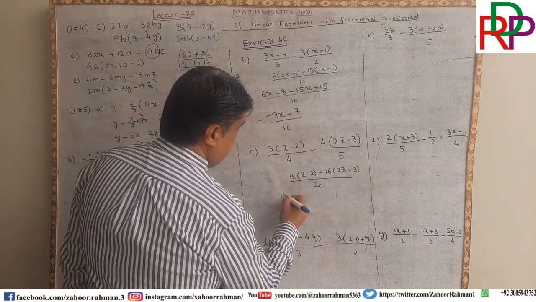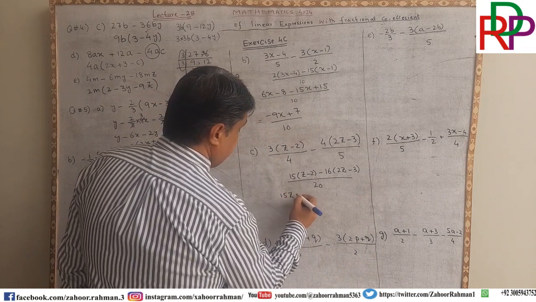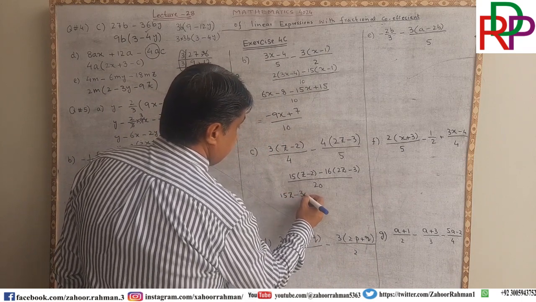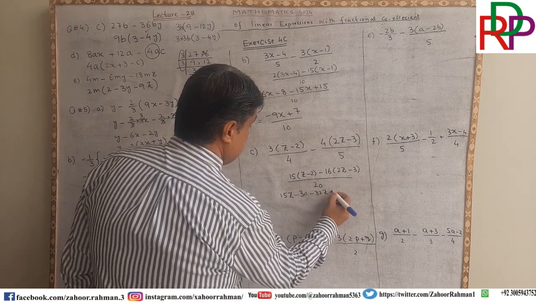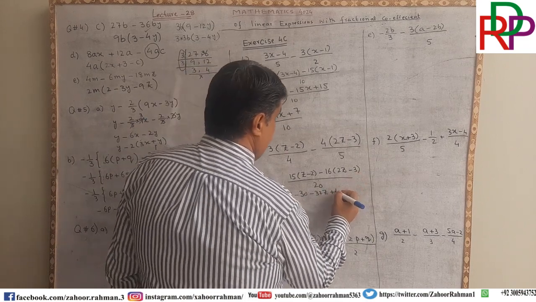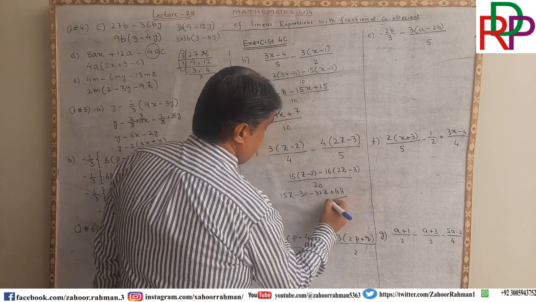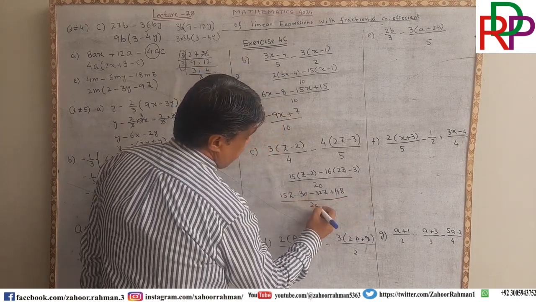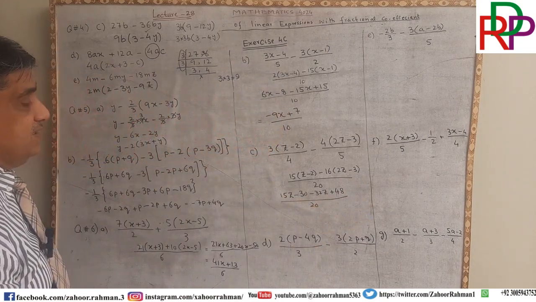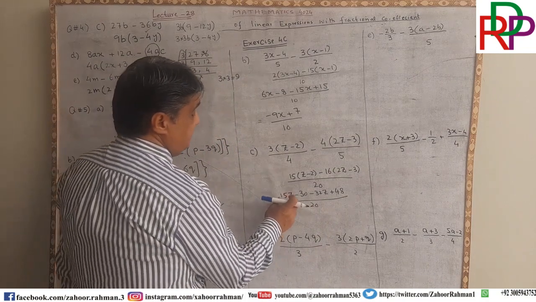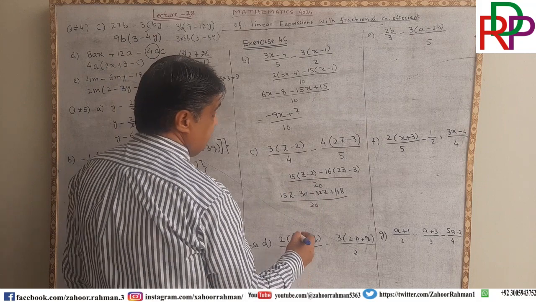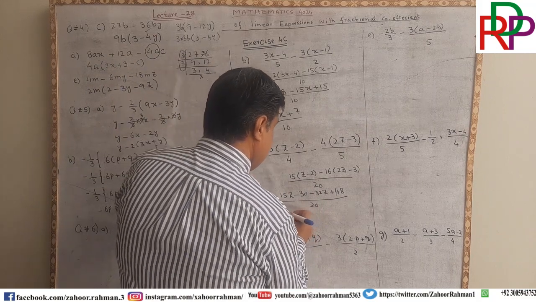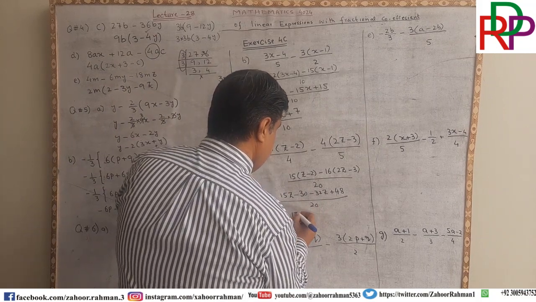Here I will get 15z minus 30 minus 32z plus 48, and that will be divided by 20. Ladies and gentlemen, 15z and minus 32z will give you minus 17z.